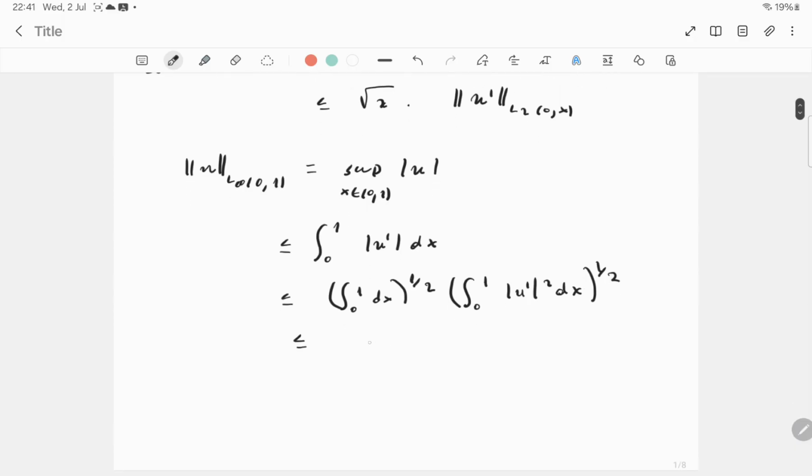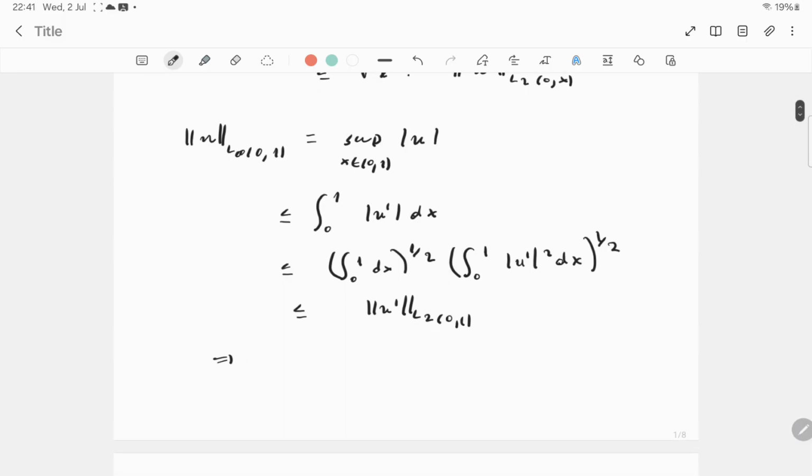So that one gives me just the L2 norm of u prime on 0, 1. So the infinity norm of u on 0, 1 is bounded by the norm of the derivative in L2 of 0, 1.